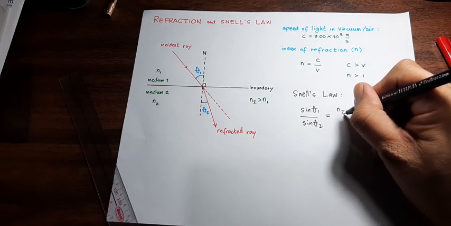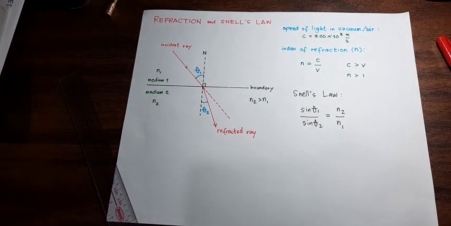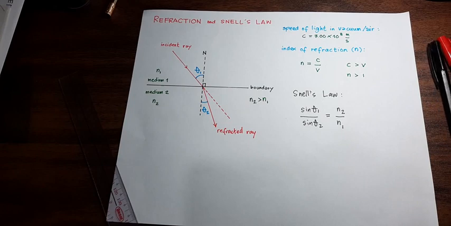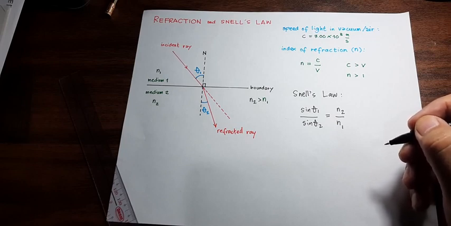So this is N2 over N1. Now this law can be used to trace the path taken by any light ray as it travels through different media.